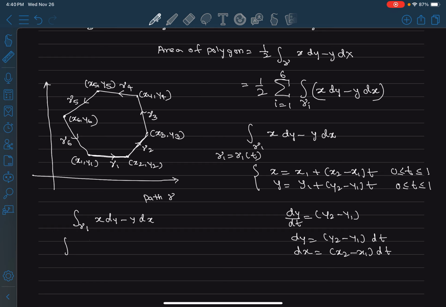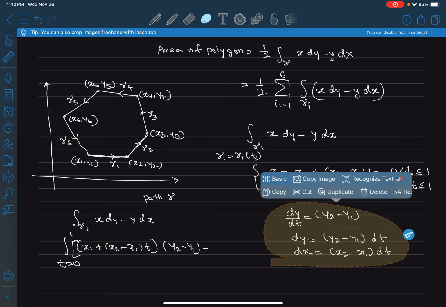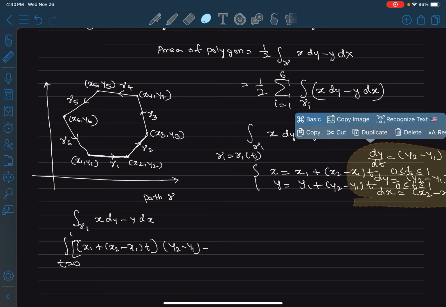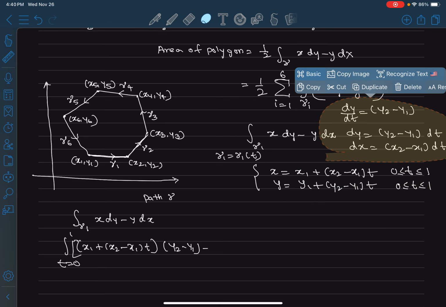So this path, I can write as t going from 0 to 1. And x is x1 plus x2 minus x1 times t. dy is y2 minus y1 times dt. We will write dt at the end later on.